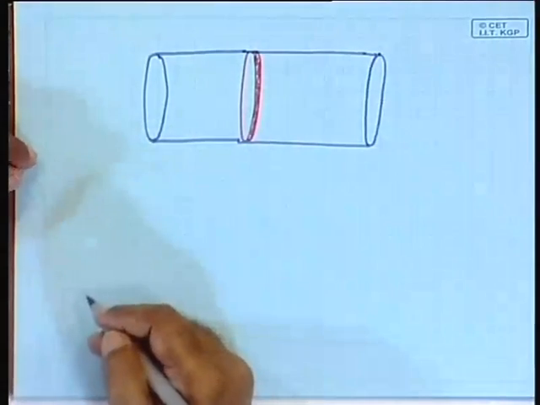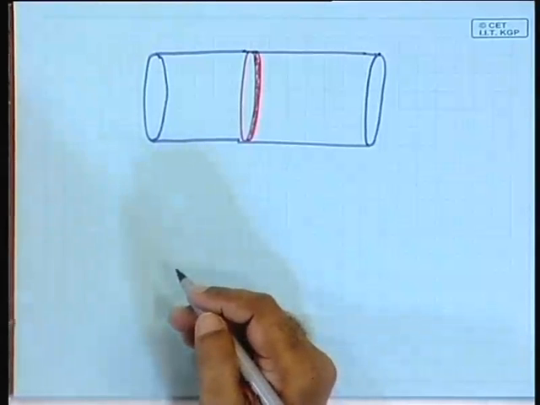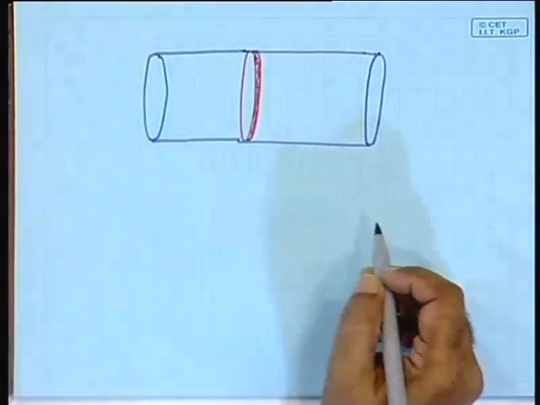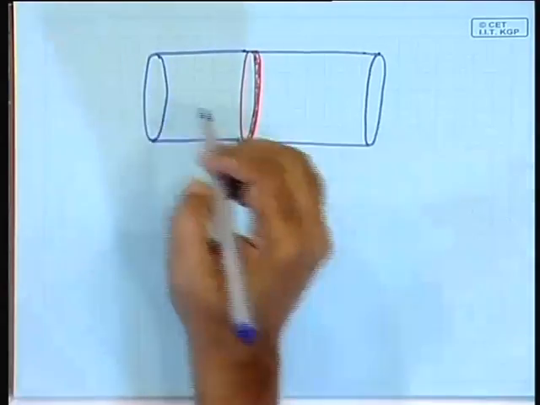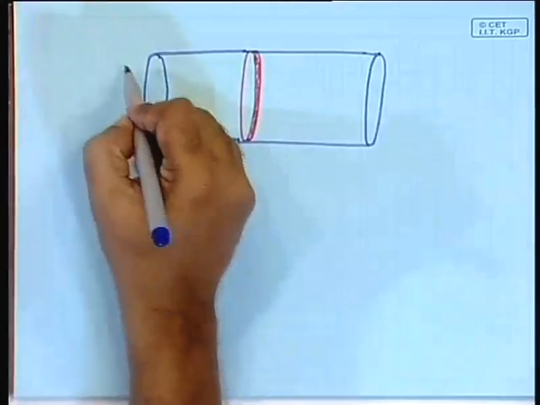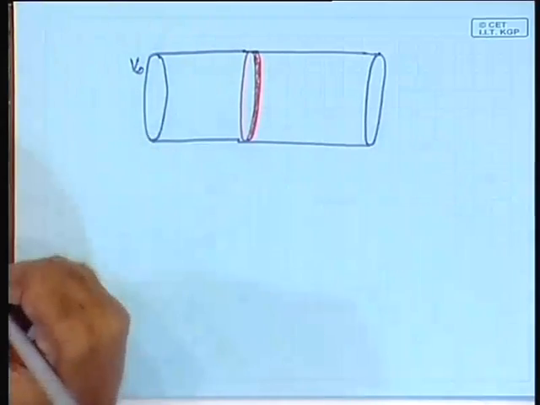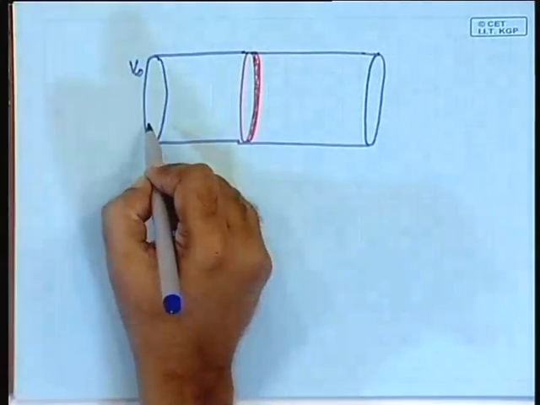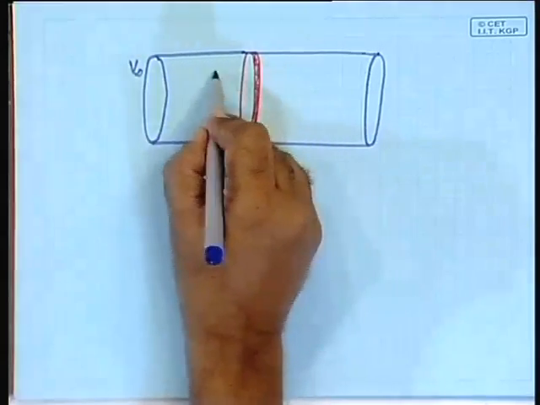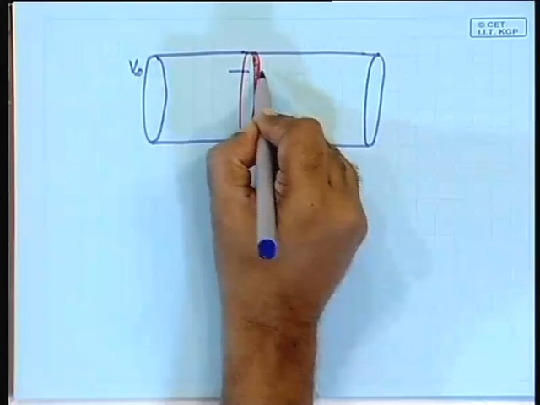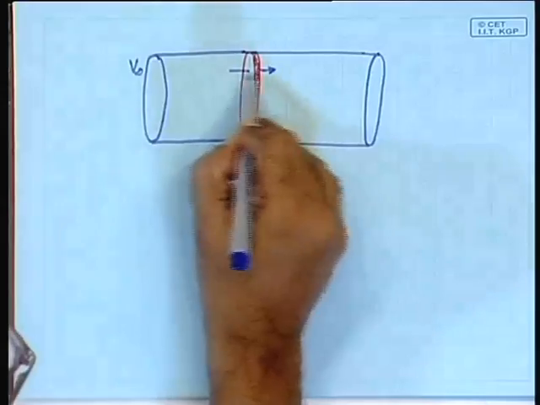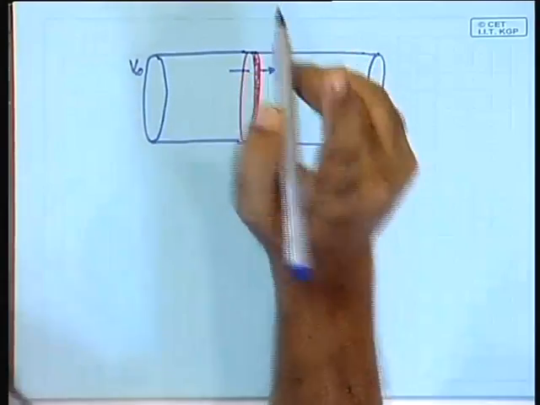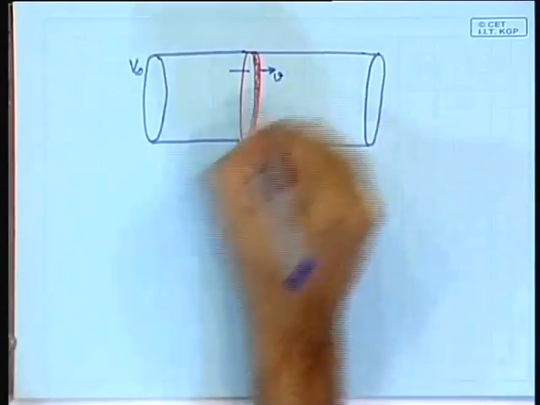say here. Okay. Now, we will have to put in the various velocities and pressures. Here, ideally at infinite distance, the velocity is V infinity. It goes through the disc and here there should be another velocity, say small v.